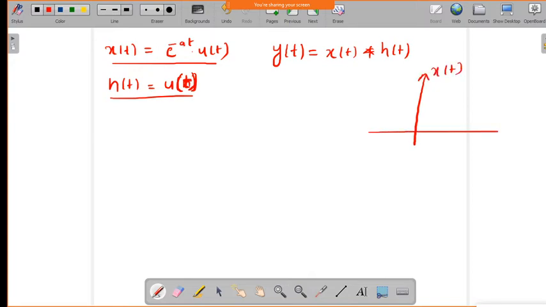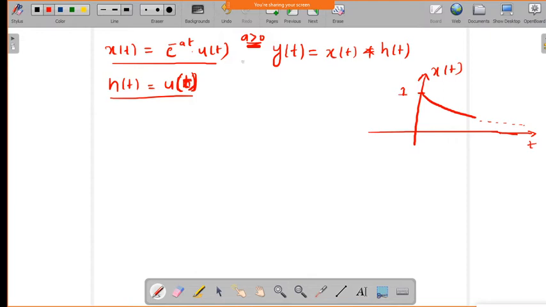Since the value of a can be taken as greater than 0, if you put t equal to 0, we get the value 1. E power 0 is 1, and if you take t equal to 1, e power minus a is 1 over e power a. So the exponential is decaying and goes up to infinity.